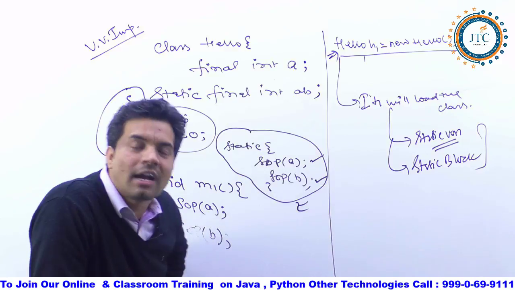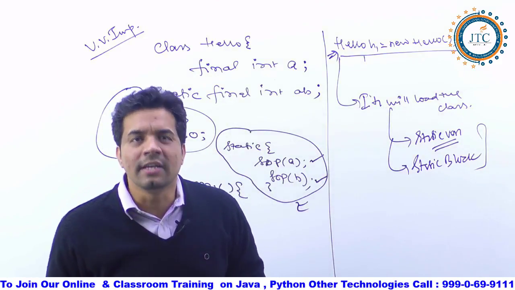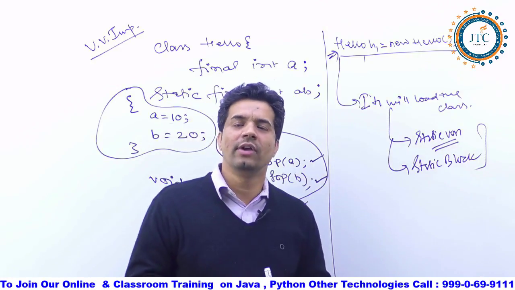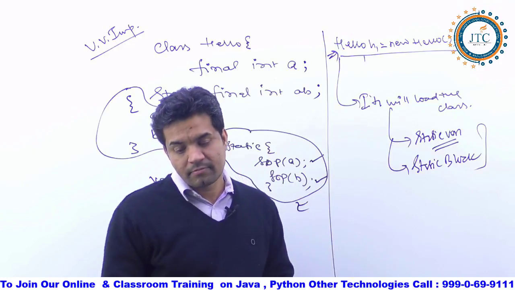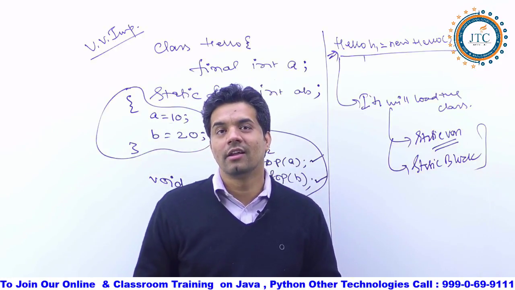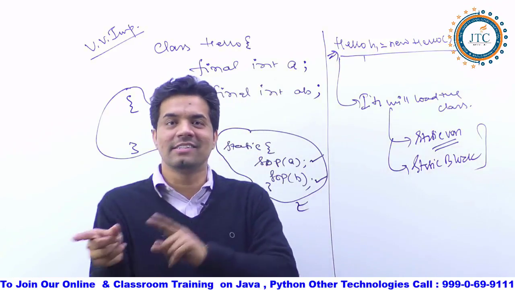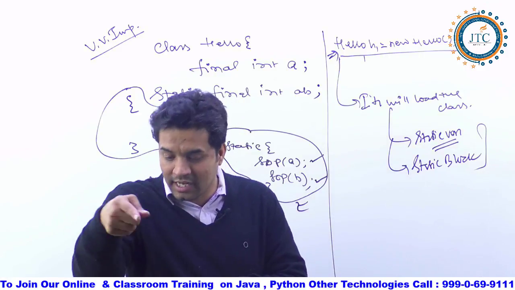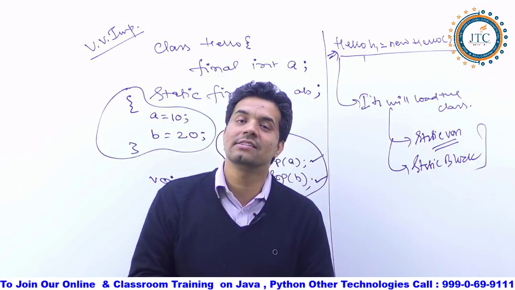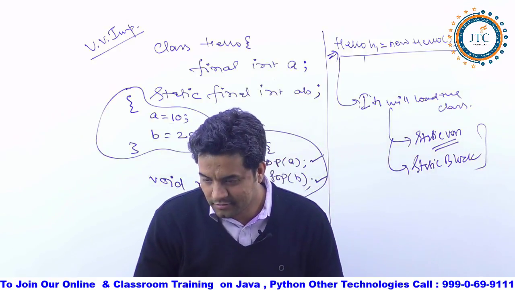And if it is a static final variable, then try to initialize that variable where? In the static block. So static final variables inside the static block, because the processing of that static final will be done accordingly. And if it is an instance variable, it also should be done in that only.